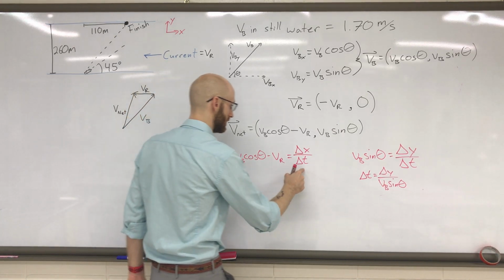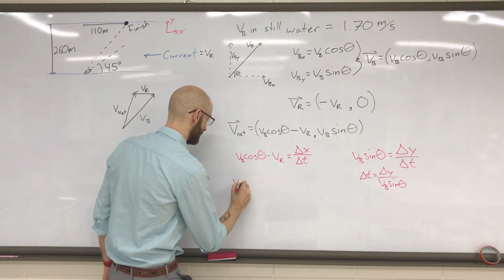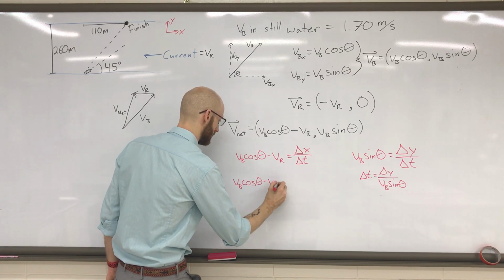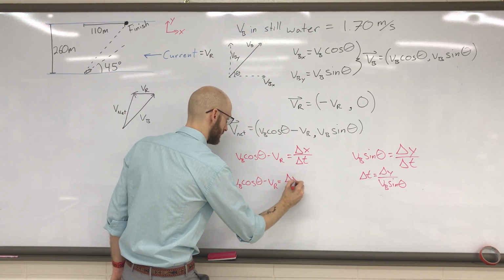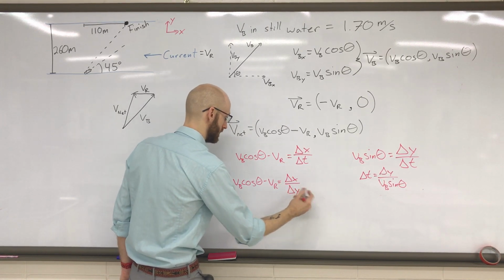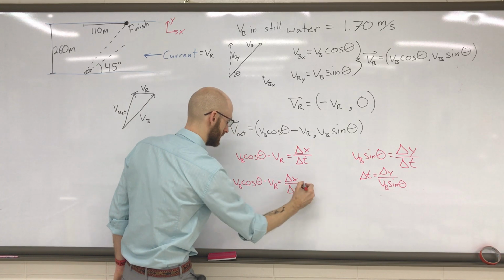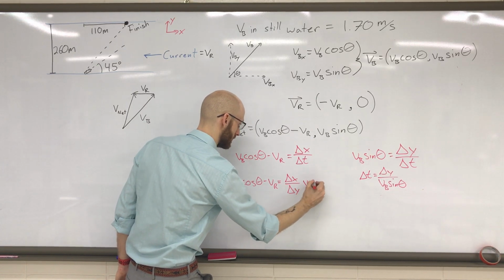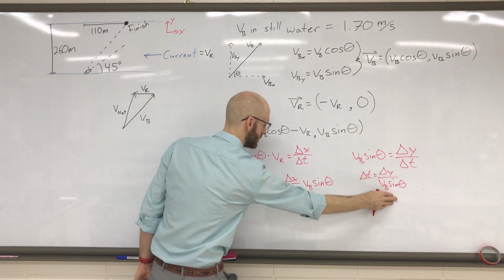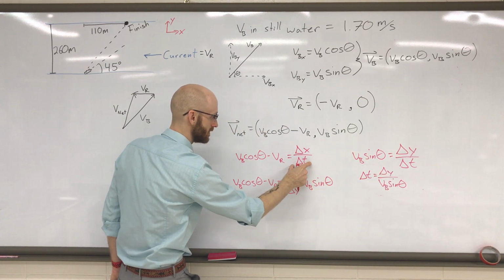And now I can plug that into here. So Vb cosine theta minus Vr is equal to delta x over delta y, and then this is in the denominator over here, so it ends up in the numerator actually. I just took this and plugged it in for delta t here.